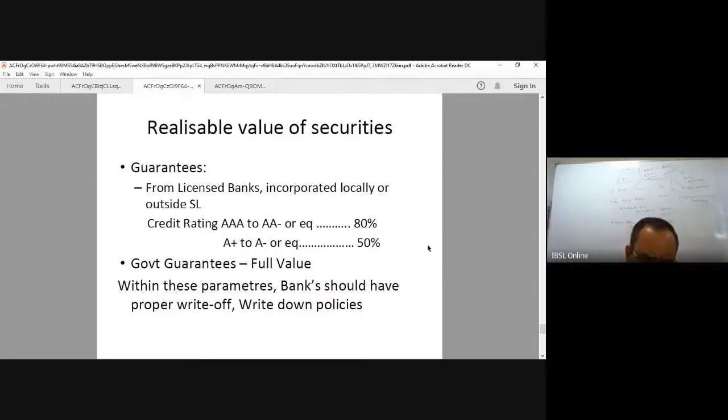When it comes to guarantees, many a time you take a standby guarantee, standby LC we call it, which is basically a guarantee from another bank, right?